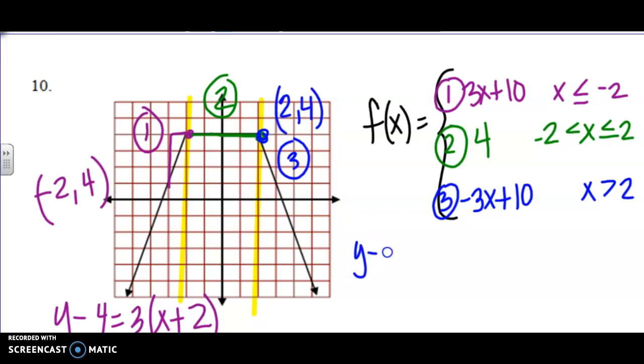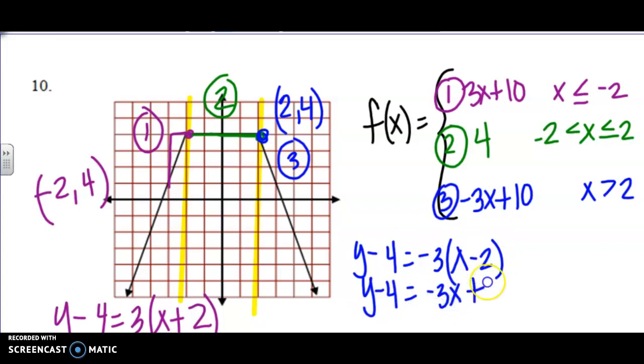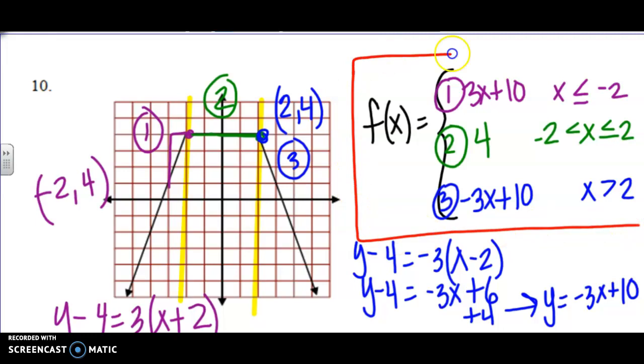And you would do y minus 4 equals -3 is your slope, x minus 2. Distribute that -3. And then you get the equation y equals -3x plus 10. Okay? And then your equation is written. So this is the equation.